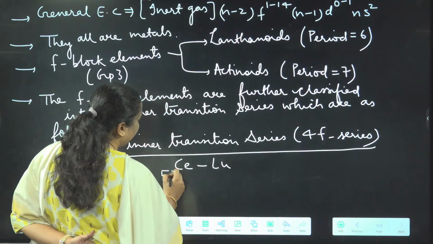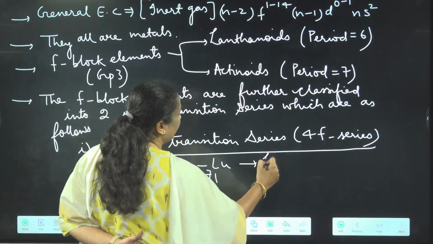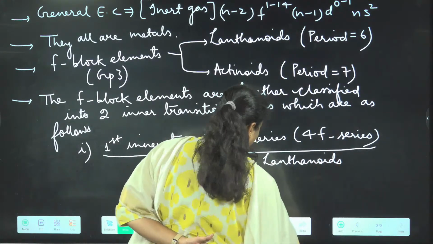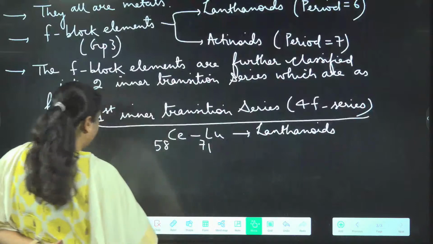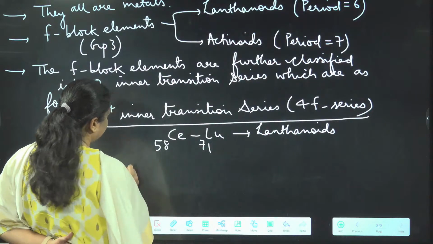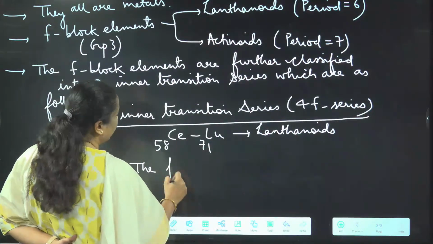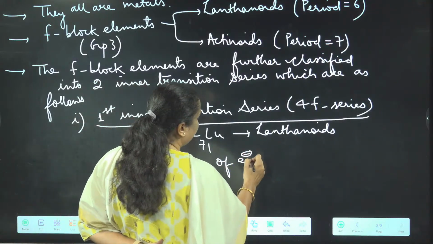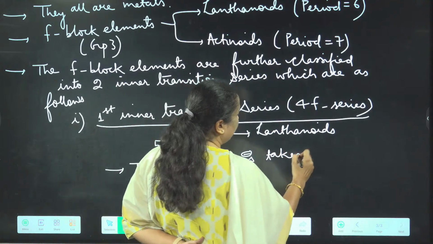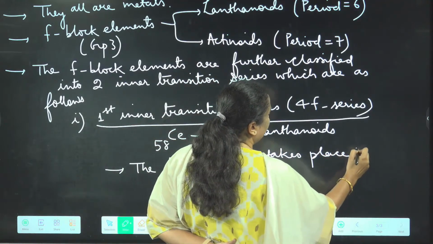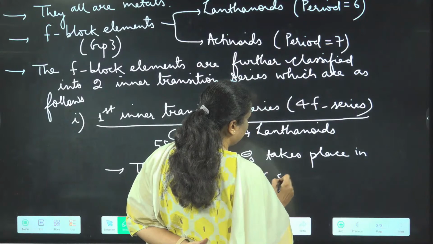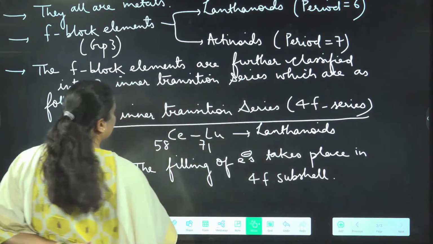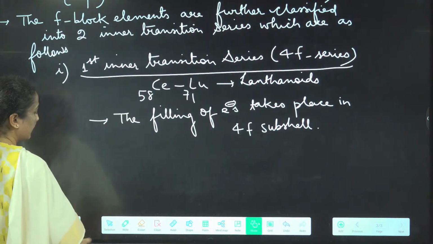This is 58 to 71. They are known as lanthanoids. And we can also write here the filling of electrons takes place in 4F subshell. Okay, that's what is the first inner transition series.